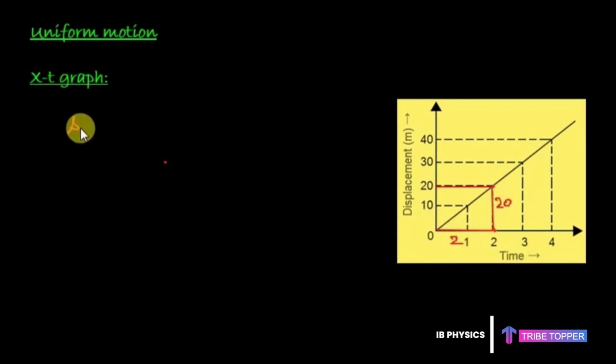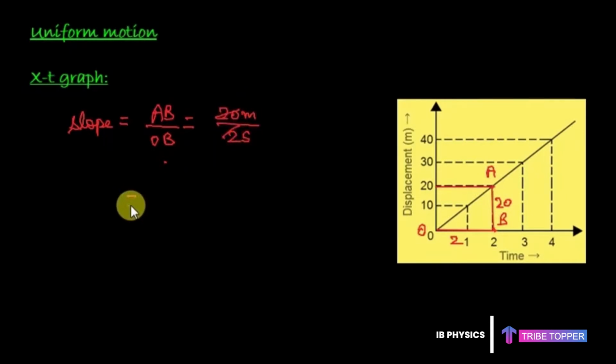Therefore, if I mark these as points O, A and B, the slope of the graph is AB upon OB, and AB is the height, which is 20 meters, upon OB is the time, which is 2 seconds. That gives me 10 meters per second.